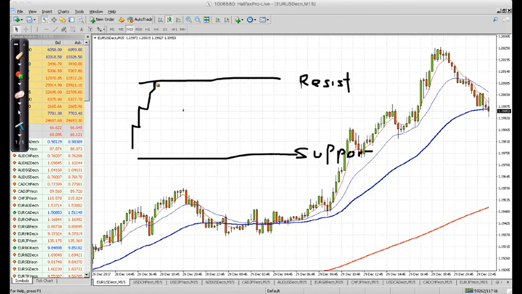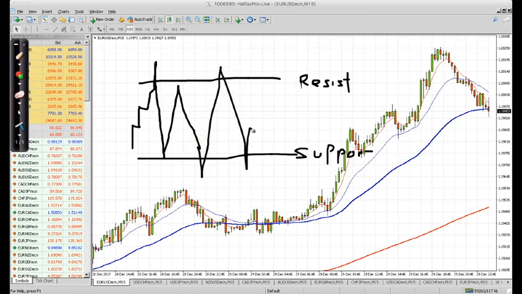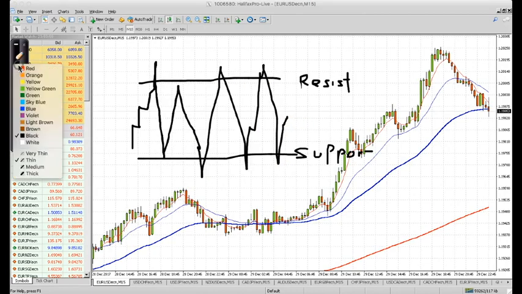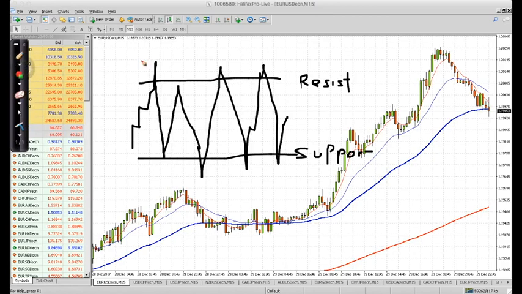It can go a bit above that and come down. Similarly, it may touch support here, go up, and sometimes it may not even reach that line. It may fall short and come down. And again, it doesn't stop exactly at that level. It could pierce below that level and go up. And like so. So when you use support and resistance, always understand that it's more like a zone.